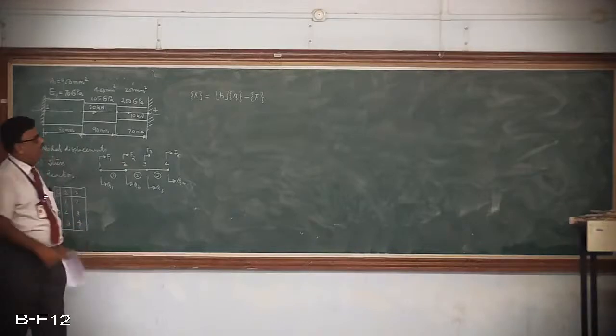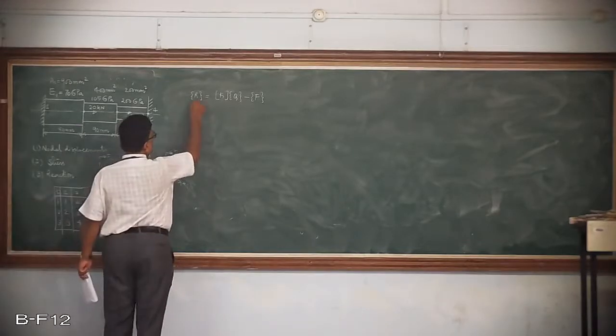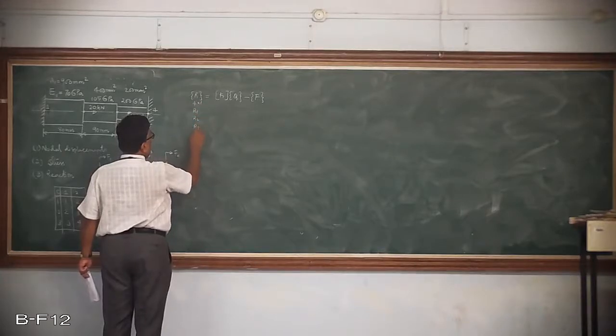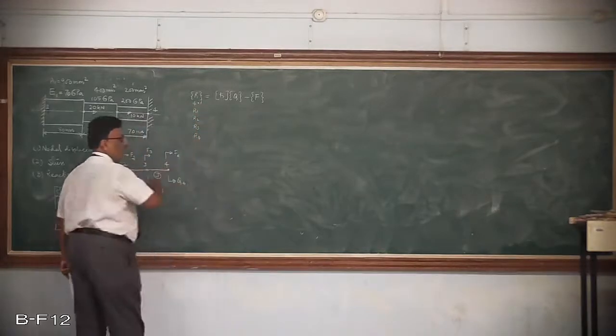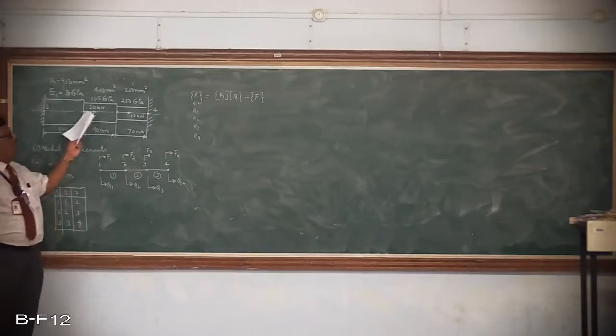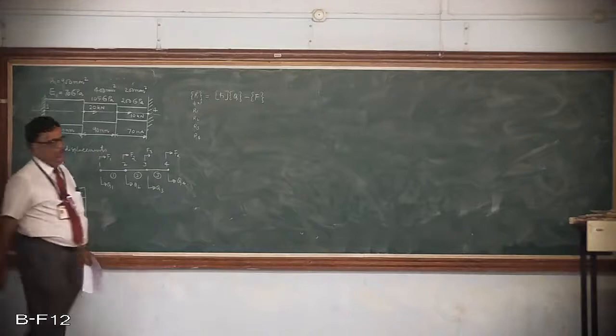Of course, it is going to be of size 4 by 1 because it gives you R1, R2, R3 and R4. This is not so useful for this type of problem because we know that there are no supports at R2 and R3, so they are obviously going to be 0.